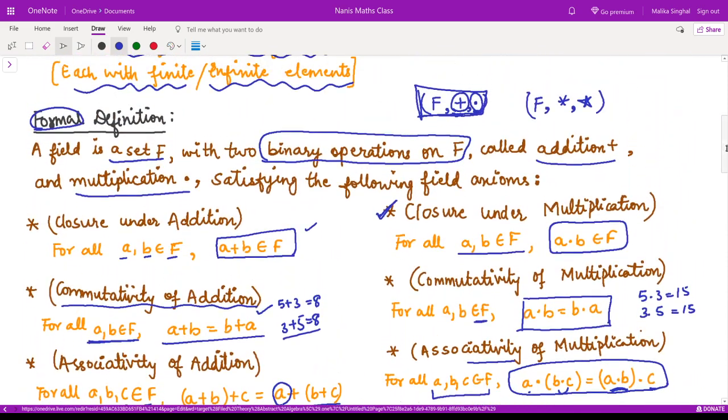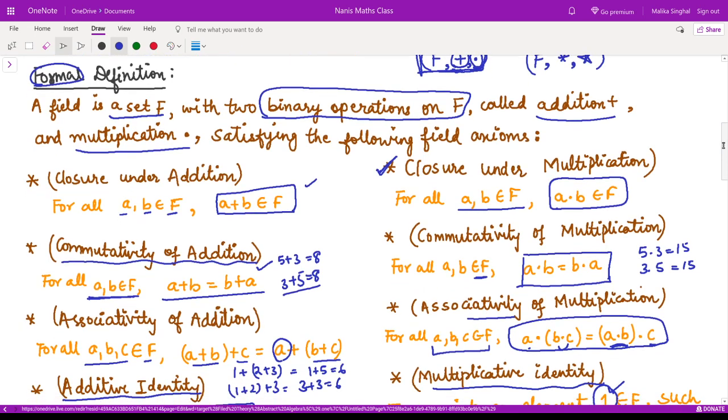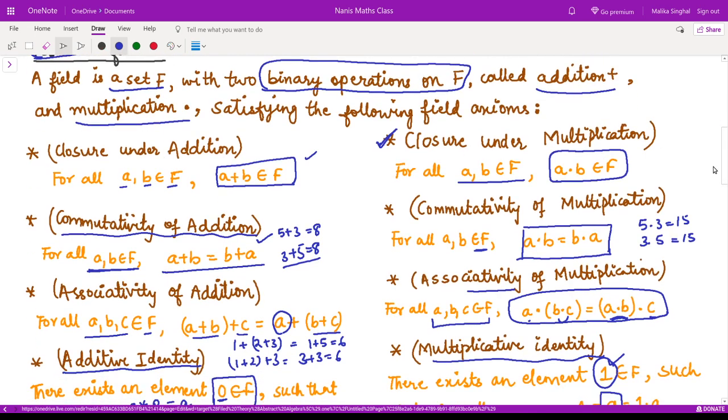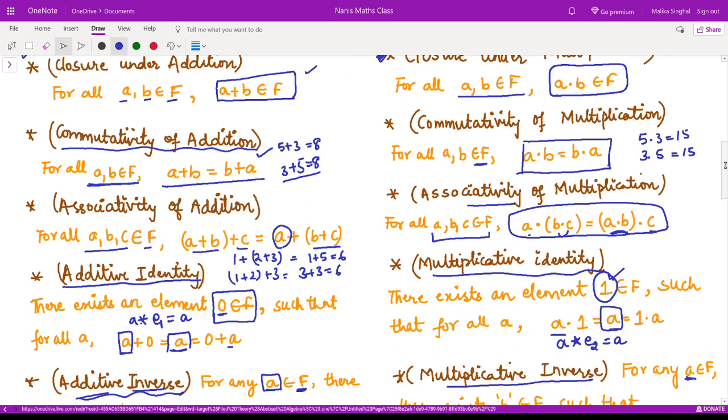So now you must be thinking that there are so many properties to be remembered. Can we have something easy to remember as to what a field is? Yes. For those who know what groups are, you must be seeing a pattern. If I leave out these two properties, because they are intuitive from the definition of binary operations, then look at this.